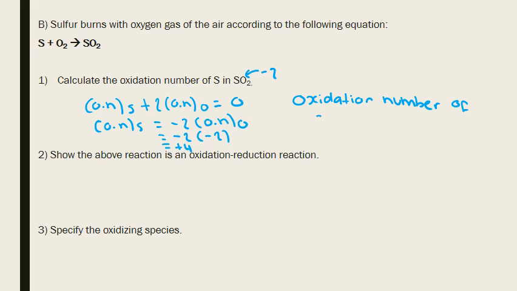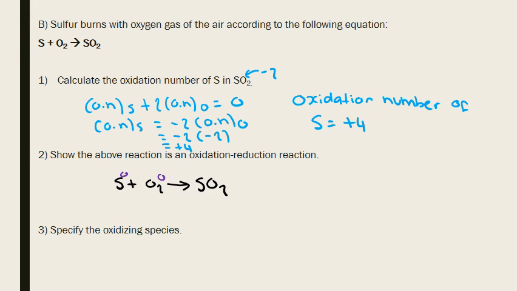Show that the above reaction is an oxidation-reduction reaction. So we have here S plus O2 gives SO2. Remember, the oxidation number of sulfur, an atom by itself, is 0. O2 is also 0.